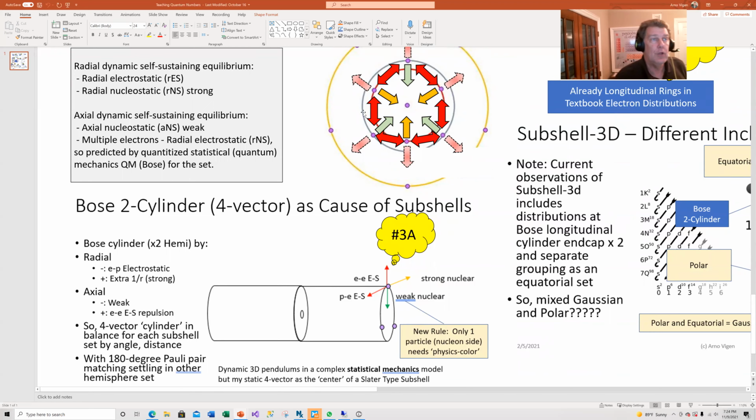It's at this level that you get the harmonics of quantized statistical mechanics, usually called quantum mechanics. And that is the work to predict these, even if they're not locked in space, but they have these two dynamic forces that are generally equal if they were ever at Kelvin 0 and not moving at all. Okay?